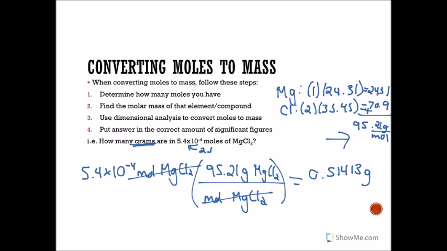It has 2 significant figures, so we'll need to round to 2 significant figures. 0.051 grams of magnesium chloride would be our final answer.